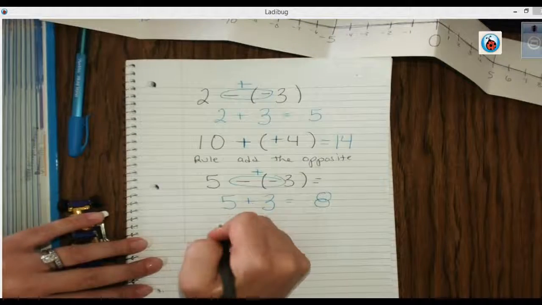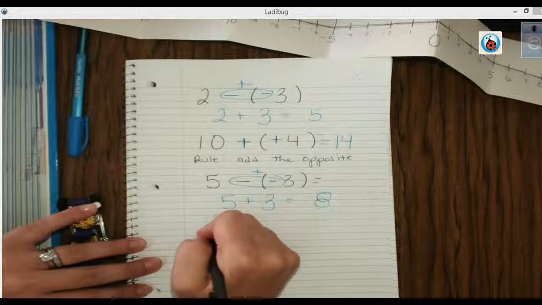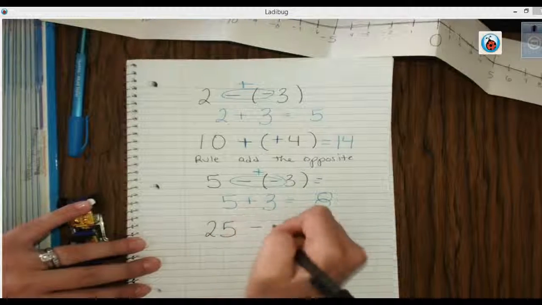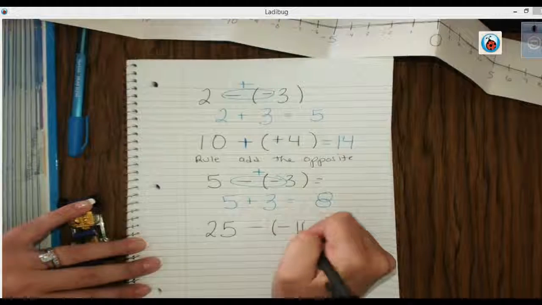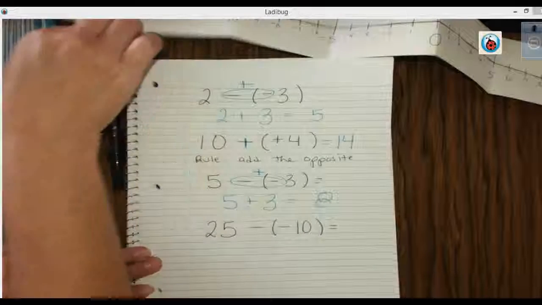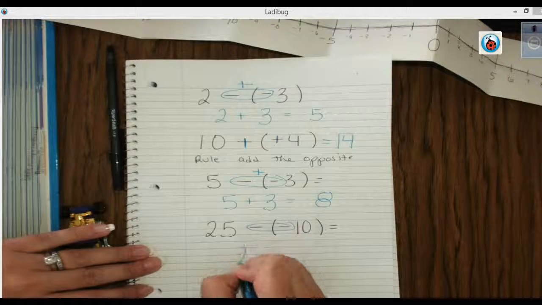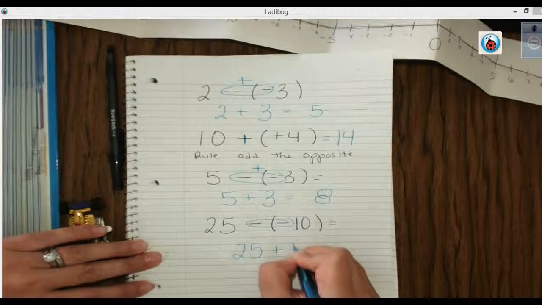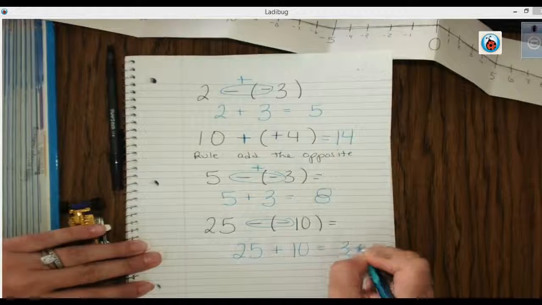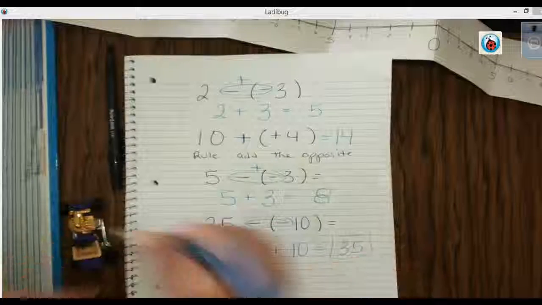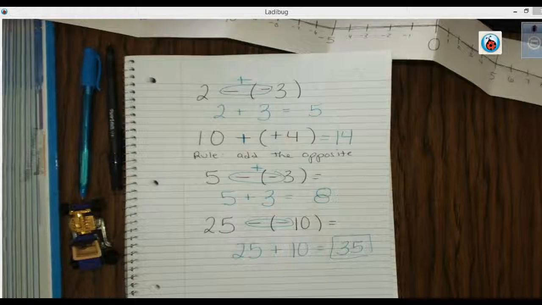Let's say we have 25 minus negative 10. What should we do? We have 2 minuses. 25 plus 10, which would equal 35. Okay.